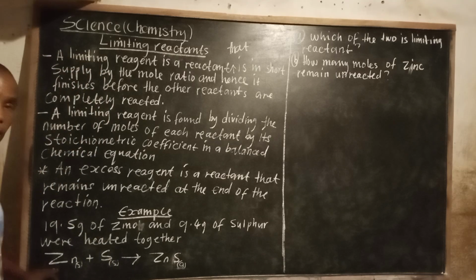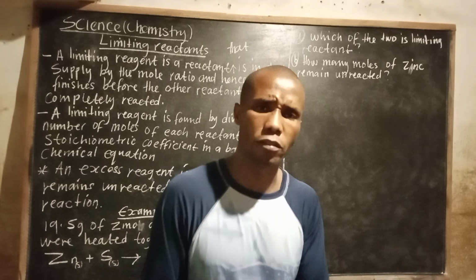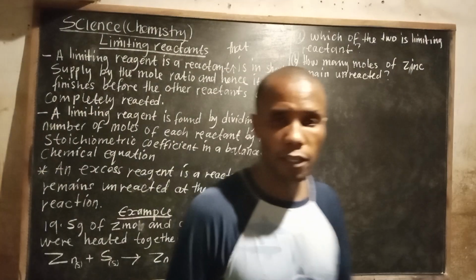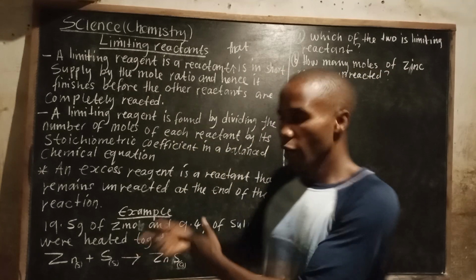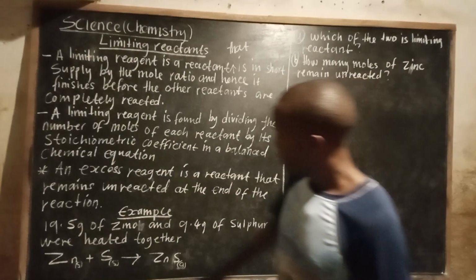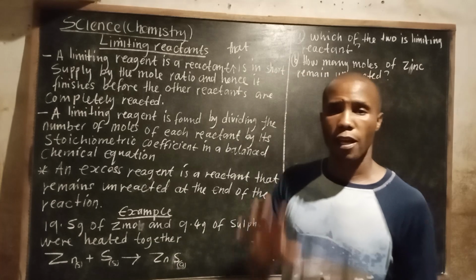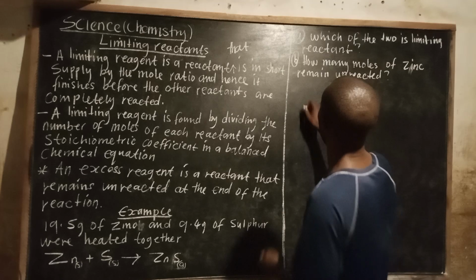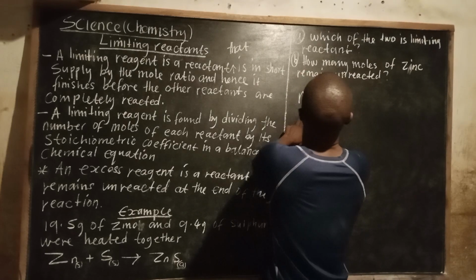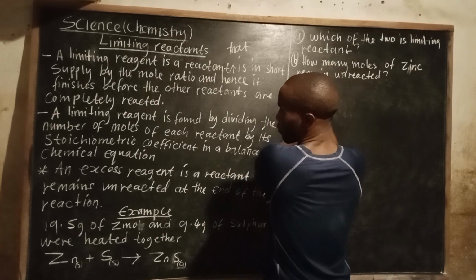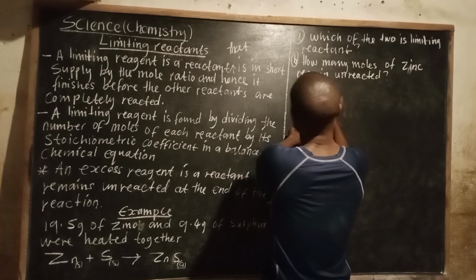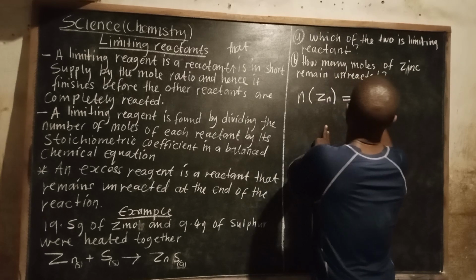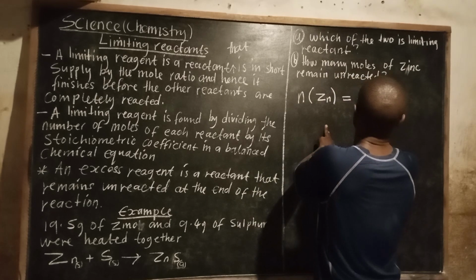So I think we'll start with zinc. How do we find the number of moles when you are given the element and also the mass? Remember, this is what you have been doing. I taught you how to find the number of moles in the previous lessons that we had together. Okay, so we are saying the number of moles of zinc as an element is equal to mass over molar mass.